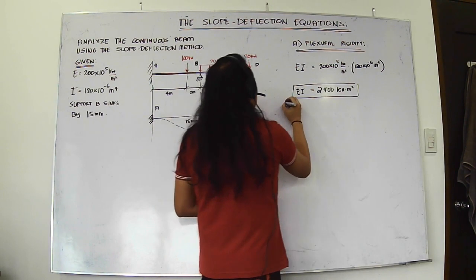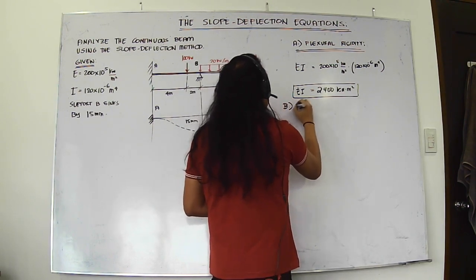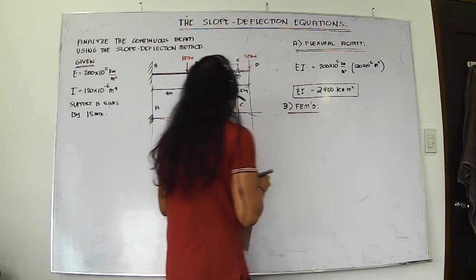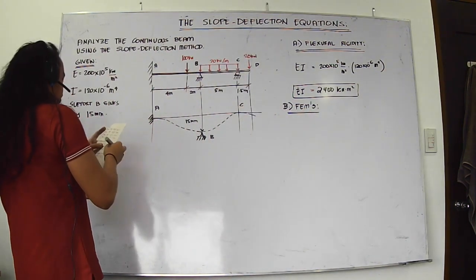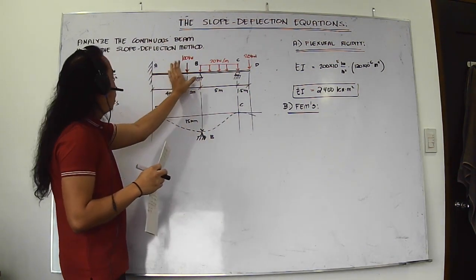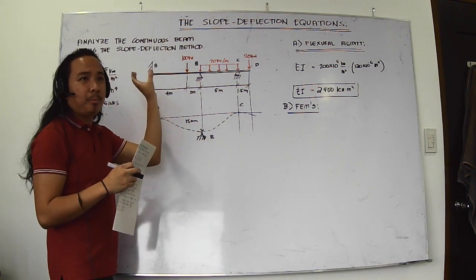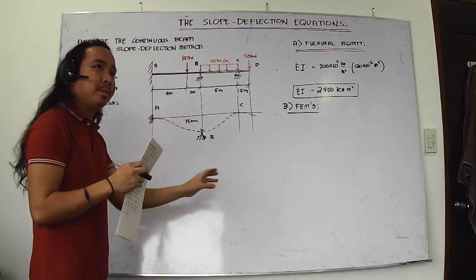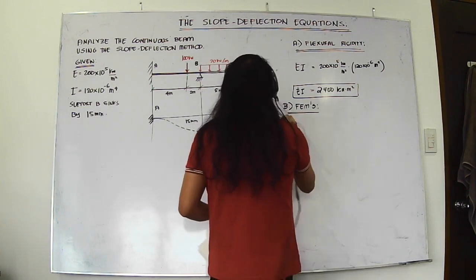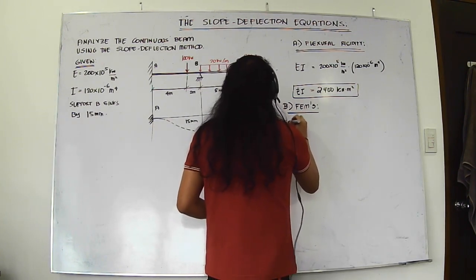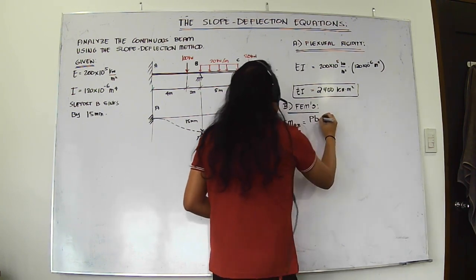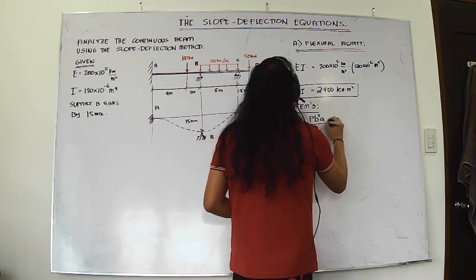And now we go with the fixed end moments, FEMs. For FEM AB, that is just P B squared A over L squared.